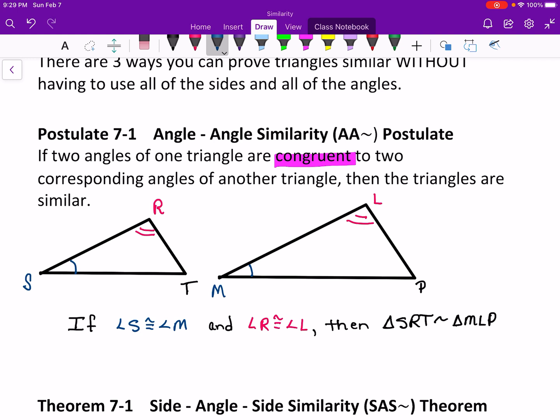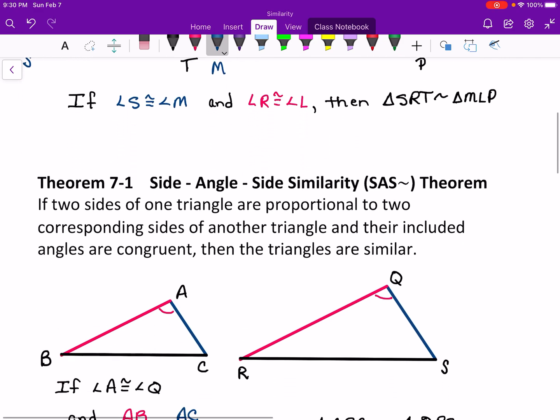So because two pairs of angles are congruent, we automatically know the third ones are also. And what that's going to do is force those sides to be proportional. So the AA similarity postulate allows us to state that two triangles are similar without having to know everything about all the angles and all the sides. So there's one of our ways.